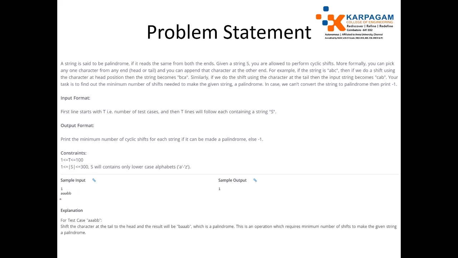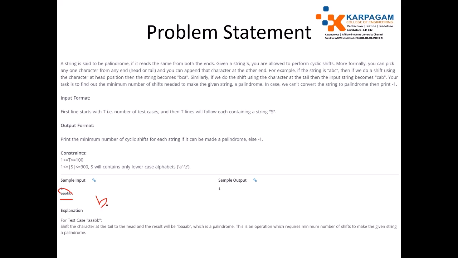For a given string, if you perform a cyclic shift, for example, you take B at the last position and add it to the head position, you will get a cyclic string that is a palindrome, a cyclic palindrome.